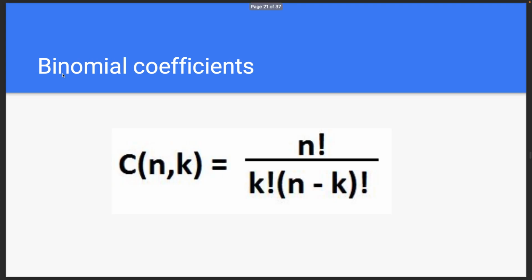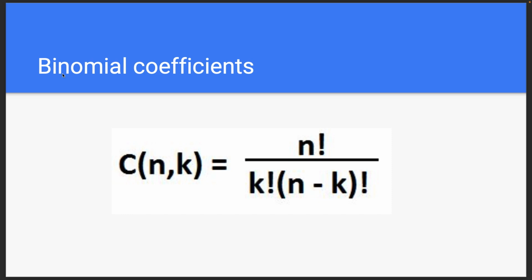Okay, how can we calculate the number of ways to choose k numbers out of n? The first way is this formula, and where did this formula come from?